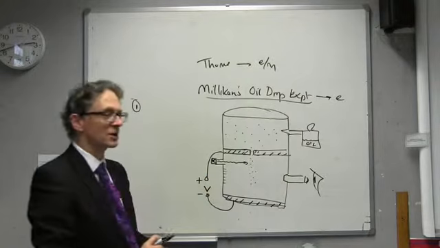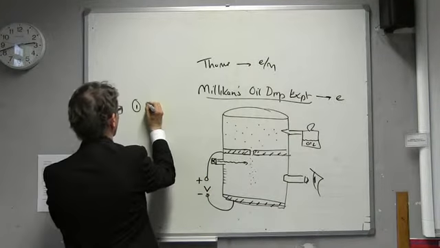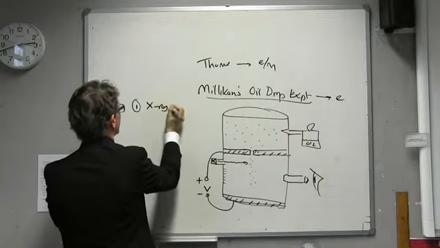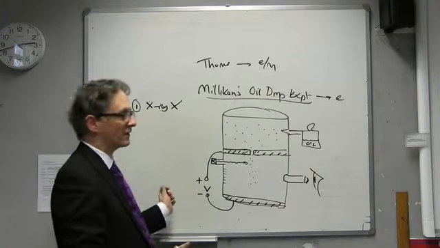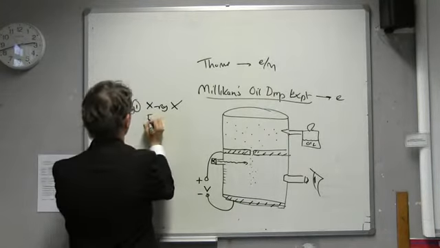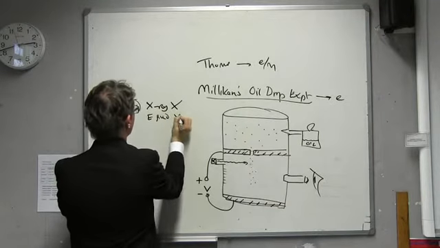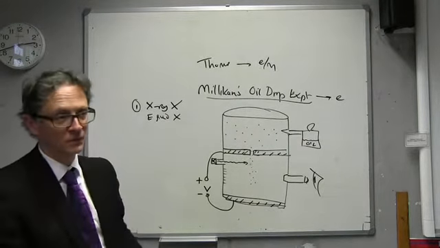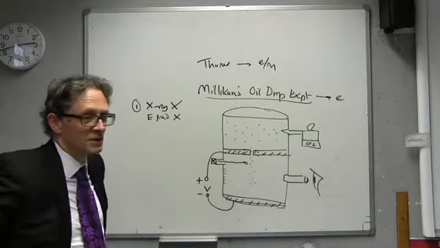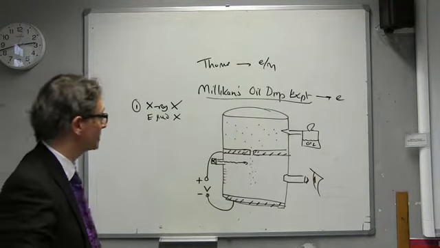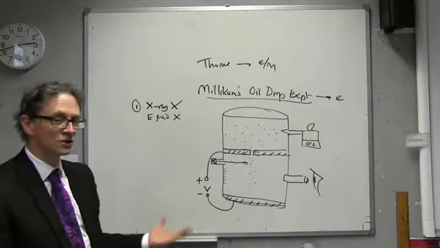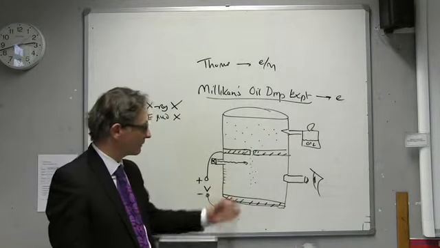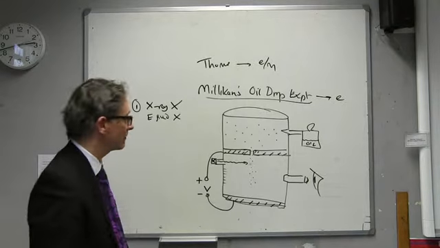But these two things are not used in the first stage. So, in the first stage, the X-rays, which ionise the drops, make them charged, that's not turned on. And also, the E field is not turned on, all right? So the first part of Millikan's experiment is done with no electric field in the bottom and no X-rays to ionise the drops. The drops are uncharged, they're neutral, and they fall through under gravity, okay?